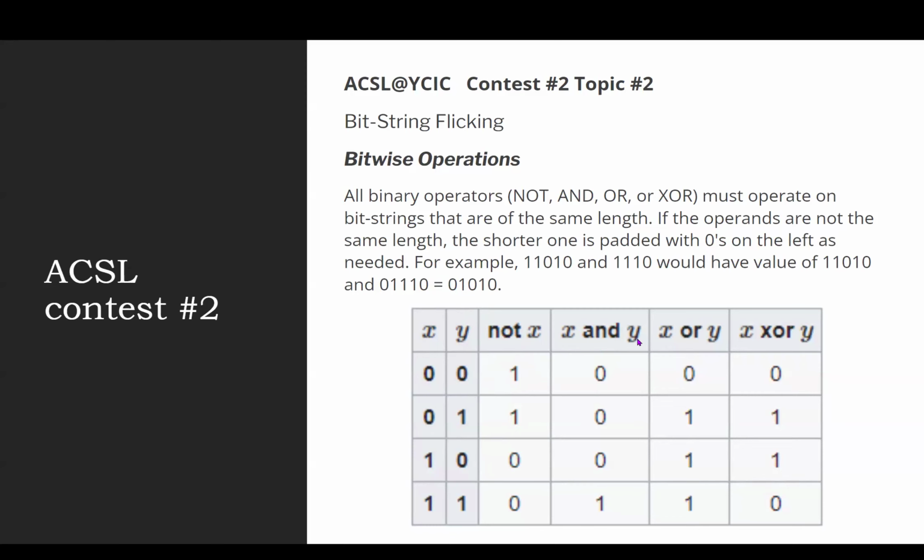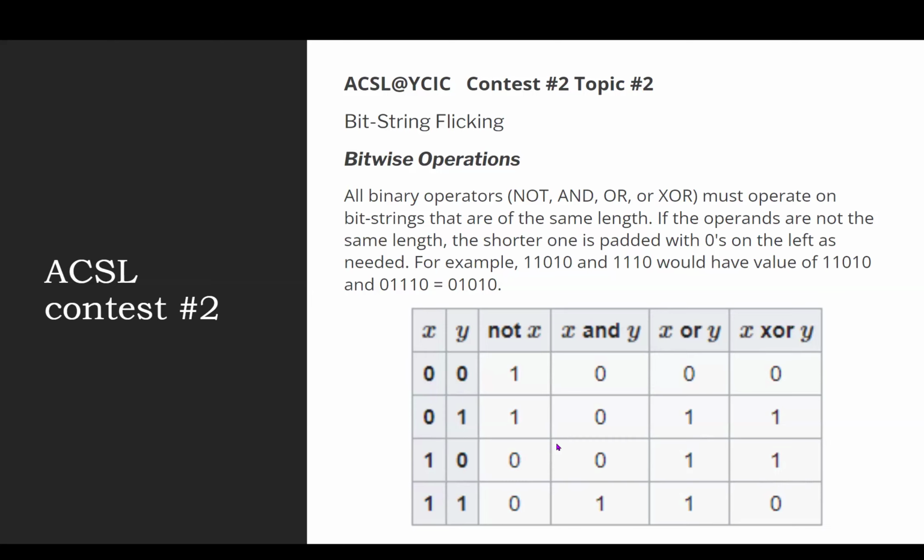And x and y is 0 because they're both zeros, and both values have to be 1. So let's say x is 1 and y is 0, then x and y is still 0 because they're not both 1.